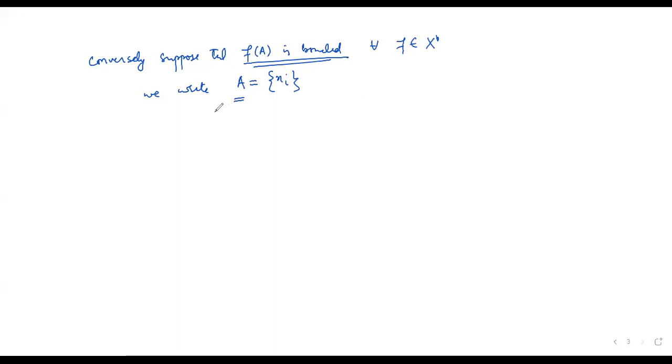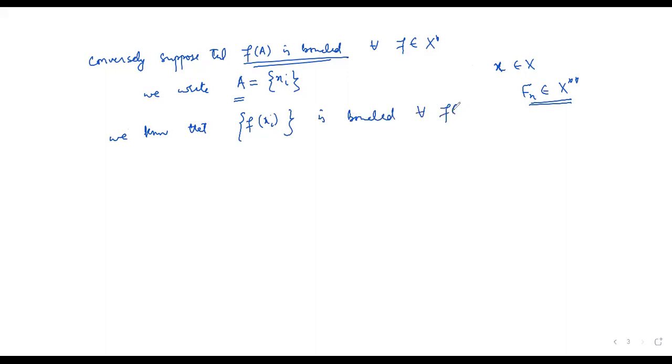Now for that we use that canonical mapping. I know that every x belonging to X can be identified with some f sub x belonging to X double star. तो हम use करेंगे भाई. So what I do, now we know that f of x_i, क्योंकि A अब ये सेट है, is bounded for all f belonging to X star.